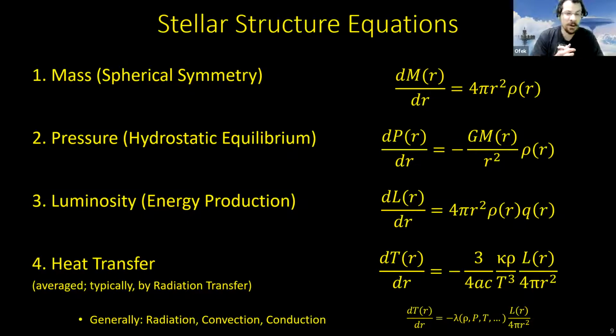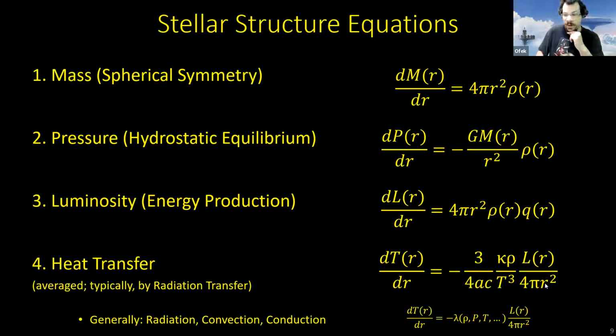What's more typical in a star is radiation transfer. That is not massive particles which move from place to place, but photons which move from place to place. Because photon energy density goes like T to the 4, the derivative of that gives us this T to the 3, which appears here in the denominator.